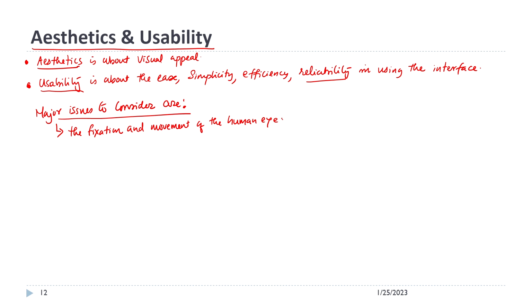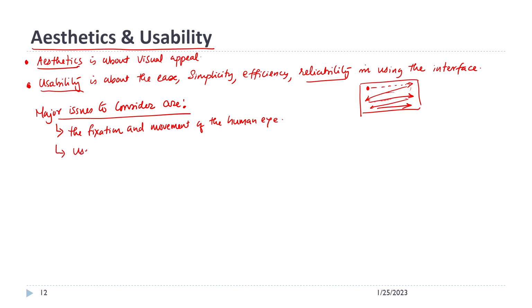Okay. So, that is one thing: if you have a screen, do you want the human eye to start from here, move in this direction, and from there go this way and then this way, or do you want it to go in this kind of a direction. So, how you fix and move the eyes, that is one part.